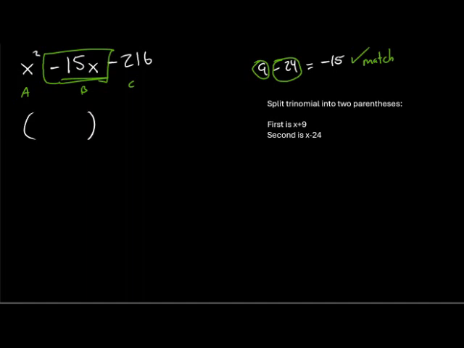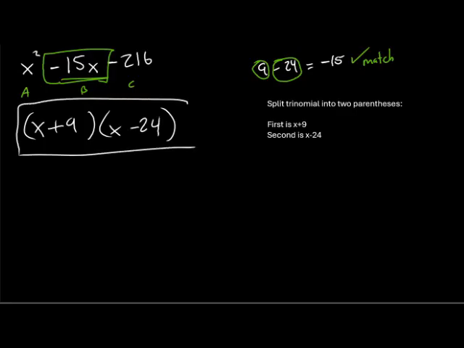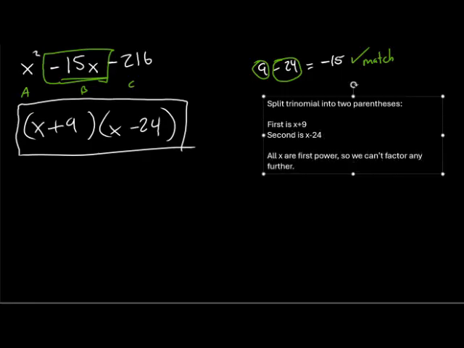We write our parentheses, place x plus 9 in the first one, and x minus 24 in the second. Now that we have x's that are all first power, there's no way to factor any further. And so, this is the process we can use to factor a trinomial if the c term is extremely large.